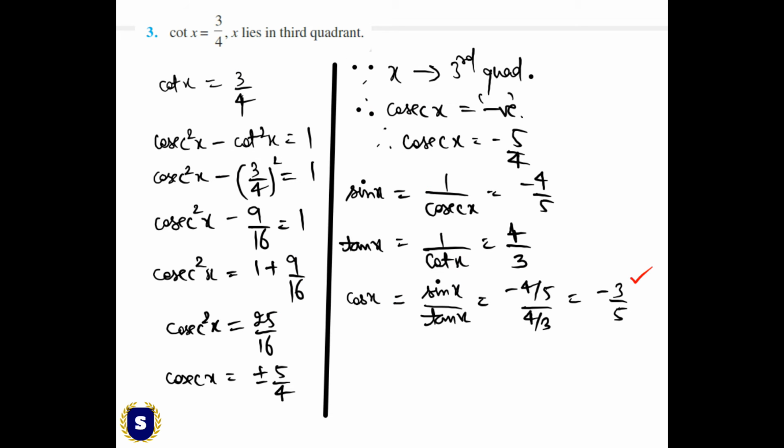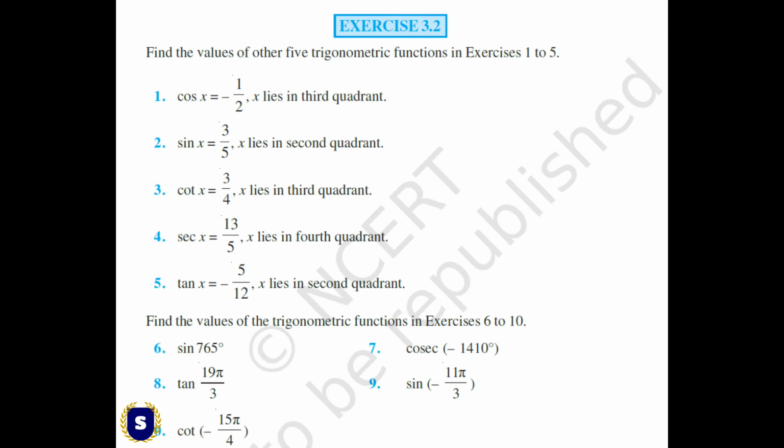Hope it is clear to you now. Now I can calculate the value of sec x also by taking the reciprocal of cos x, that is equal to minus 5 by 3. Hope it is clear to you. Let's jump to the next question.